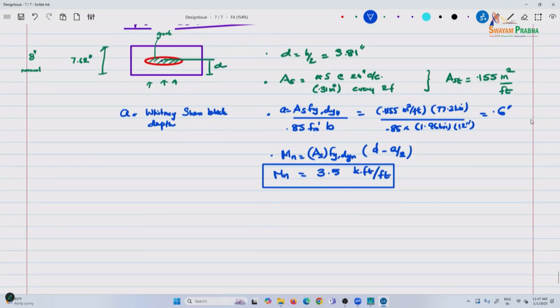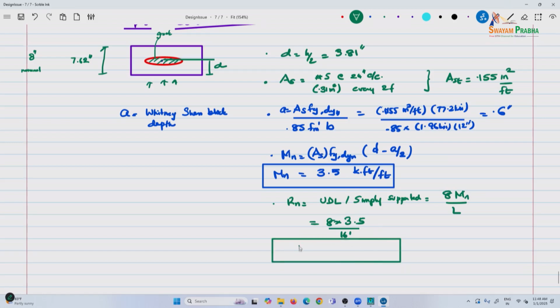And then the required Rn for this is a uniformly distributed load and simply supported. So for these conditions, this is 8 Mn divided by L. So 8 times 3.5 by 16 feet, and Rn comes to 1.75 kips per foot of wall.